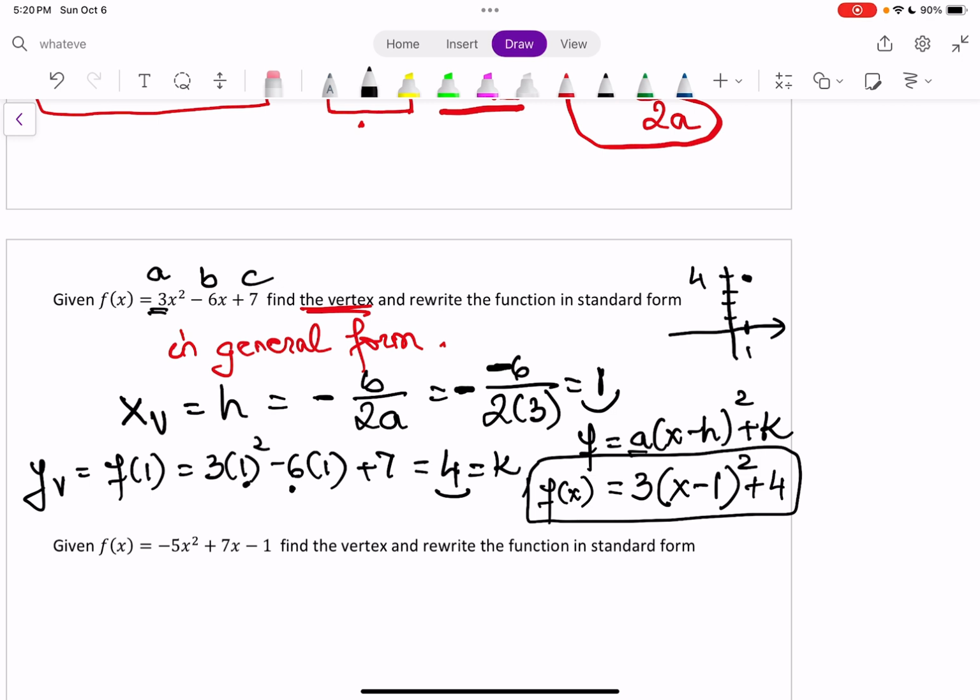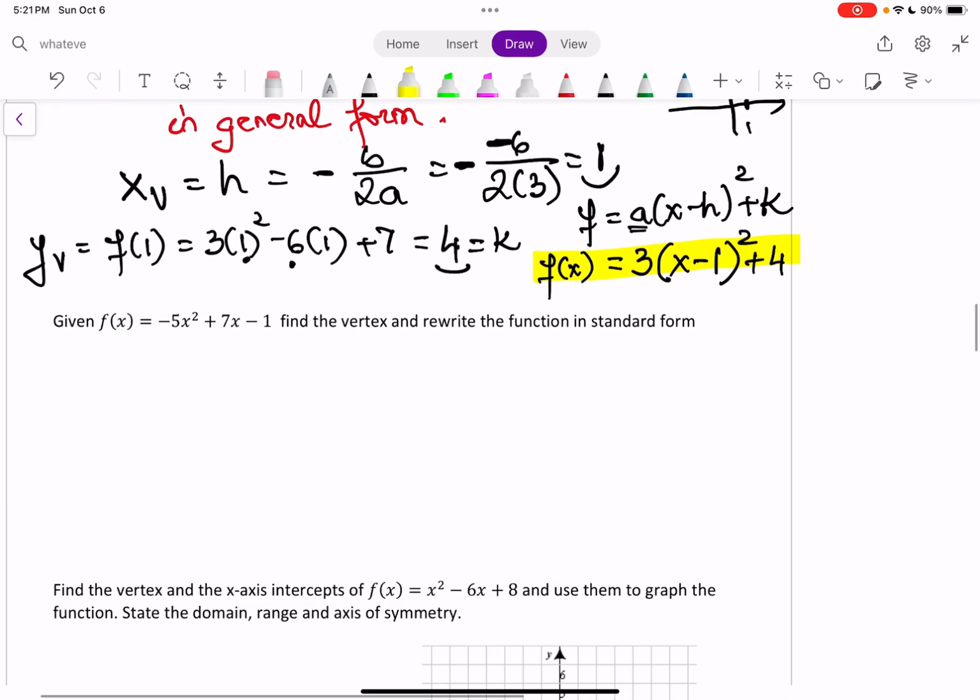A is 3, so I'm going 1 unit to the right and 3 units up, 1 unit to the left and 3 units up, so we would know how narrow this parabola is. And there you go, I would graph it right there, done. So if we know the vertex and this a value, in other words, if the equation is given in vertex form, then we can immediately graph this parabola with no problems.